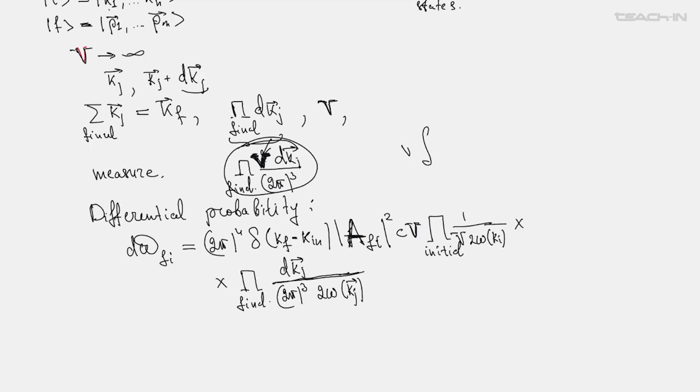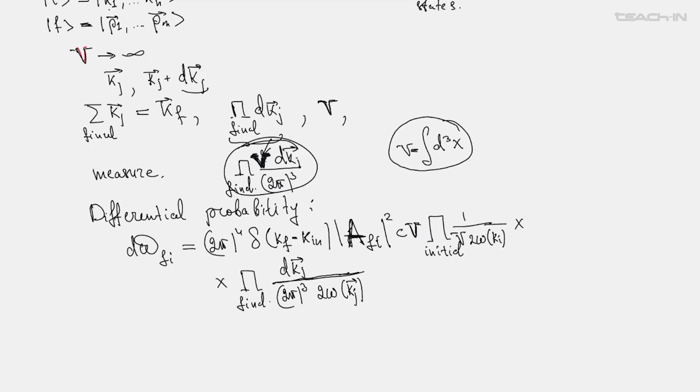And this is a contribution from the configuration space measure, while dKj is a contribution coming from the momentum measure in the momentum space.